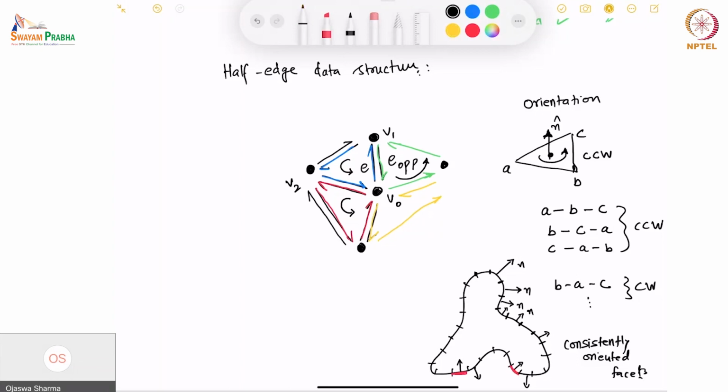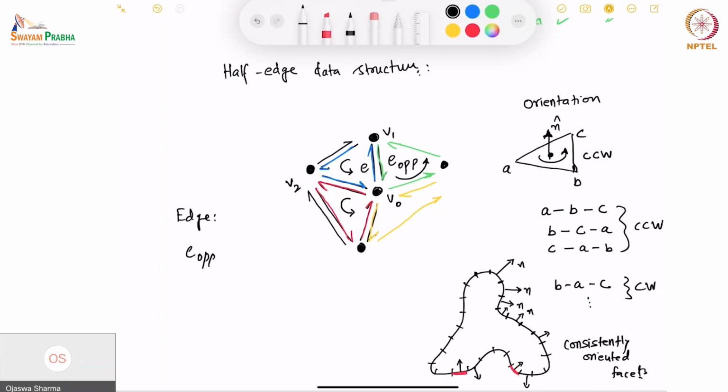Yeah. So you have these counterclockwise oriented facets, and so what does this data structure have? The edge data structure has a pointer to the edge. Sorry, it is the edge, so it doesn't need a pointer to it. It has a pointer to E opposite, so that it can go to the next facet by jumping to E opposite.